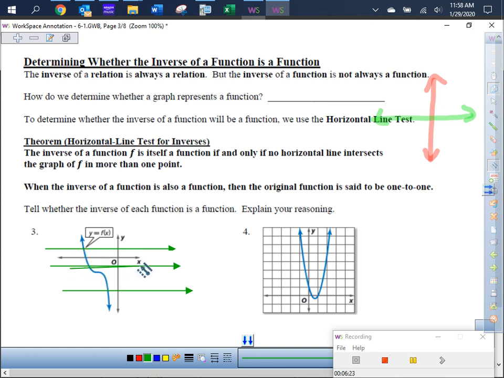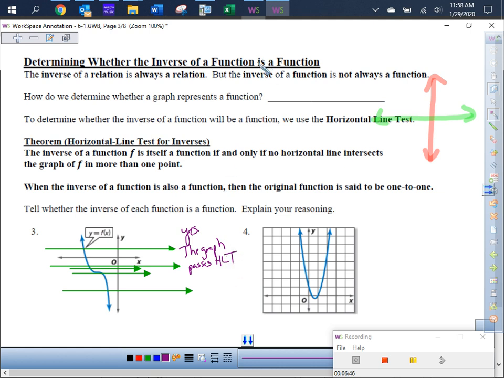With just our math experience, you can draw a horizontal line in there all you want. It's still only going to touch in one place. So the answer is yes, the inverse is a function. And the reason why is, here's what we'll say: the graph passes the horizontal line test, which we can abbreviate HLT.